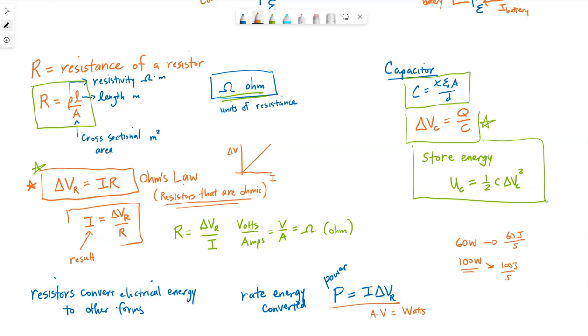All right. So these are the main equations that we're going to be using. We will have our resistance that's dependent upon the construct of the resistor. Delta V is equal to IR. We'll talk about power again. We'll use all these equations again as well.